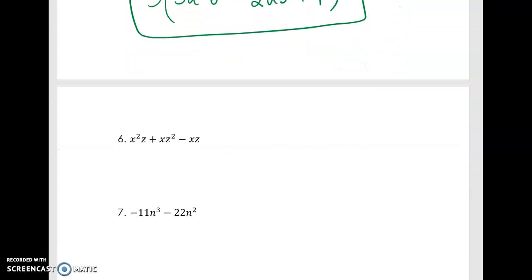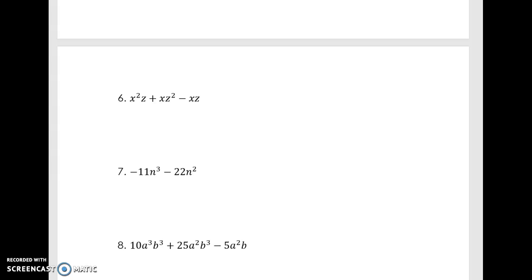Number 6. All the terms have x's and z's, but the least number of them, they all have an x to the first, z to the first. So I'll pull that out. The first term will be x, second term will be z, third one will be minus 1.